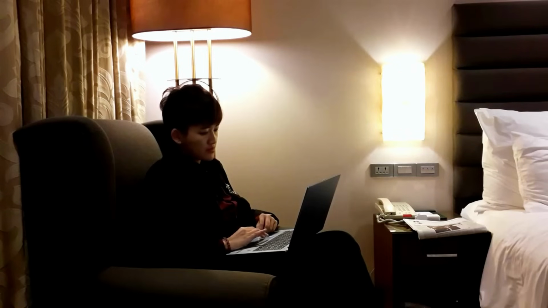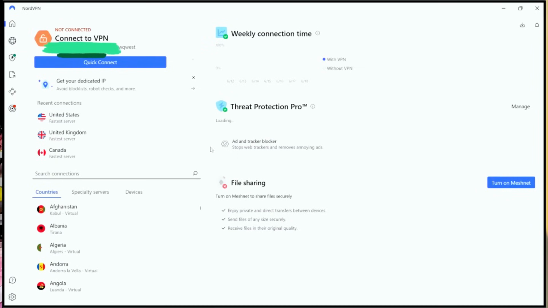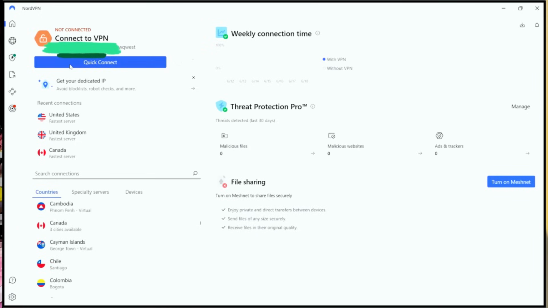Even hotels, sometimes it's connected to public Wi-Fi. Avoid that. If you have no choice, then you need to secure your internet connection. So a VPN like NordVPN can protect you if you're logging into a public Wi-Fi while you're traveling. It not only encrypts your data, but it also hides your IP and protects your account from hackers. And it will also protect you when you connect to the public Wi-Fi available in airports.